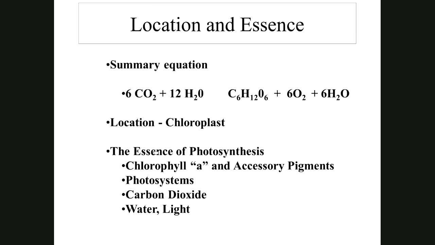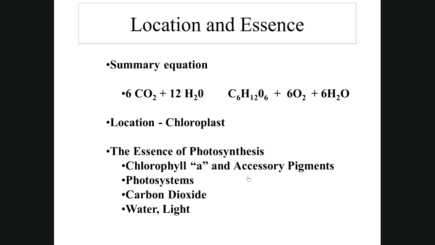This is where it says the essence of photosynthesis. This means what is required for photosynthesis to occur in these plants. One thing for sure, the plant has to have chlorophyll A. That's the essential photosynthetic pigment. It's got to have that one. And the accessory pigments, we'll look at probably three more.